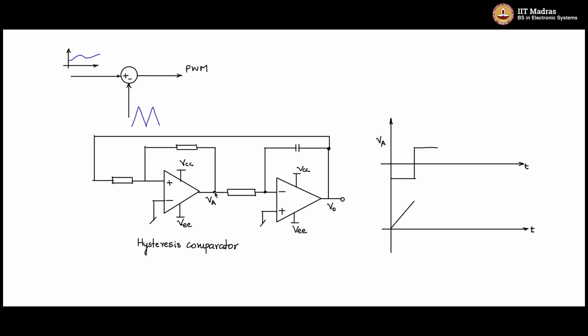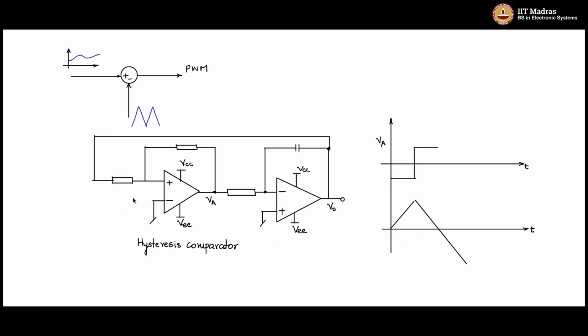The moment this goes positive, current starts to flow in this direction through the integrator, and the capacitor voltage starts falling. It will keep falling until this has gone negative, from the superposition of this positive voltage and the negative value of this one. At some point it would cross 0.